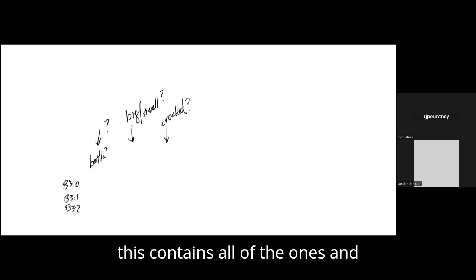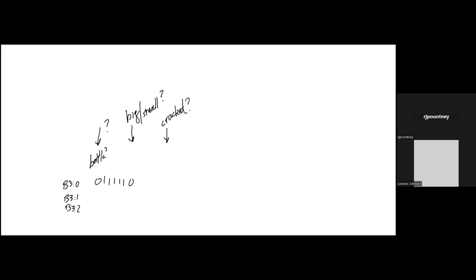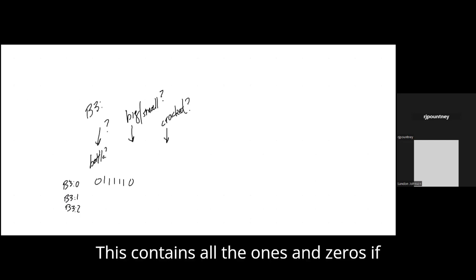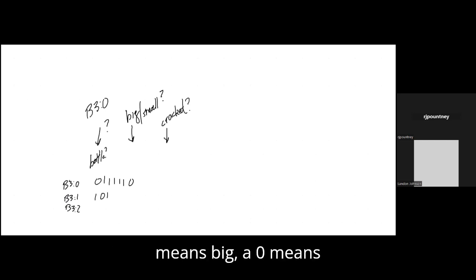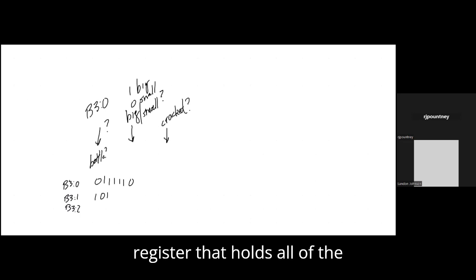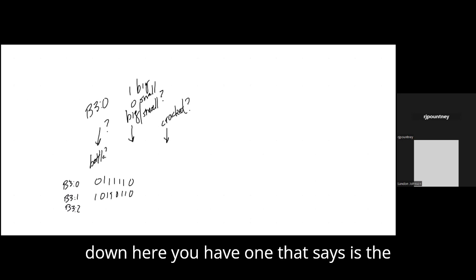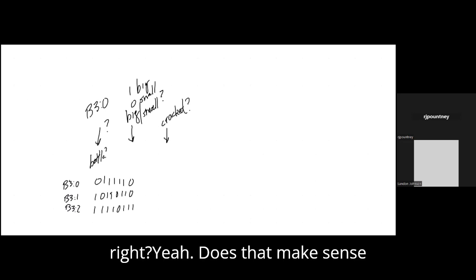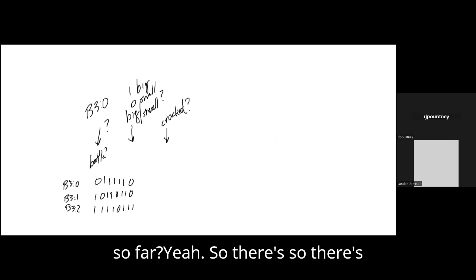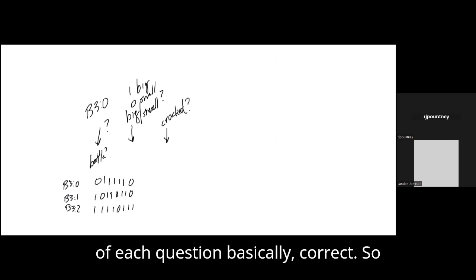This contains all of the 1s and 0s for if there is a bottle present. This contains all the 1s and 0s if it's a big or a small bottle. So a 1 means big, a 0 means small. So you have a register that holds all of the bottle sizes. And then down here, you have one that says, is the bottle cracked? Does that make sense so far? So there are different sections checking for the different truths of each question, basically.